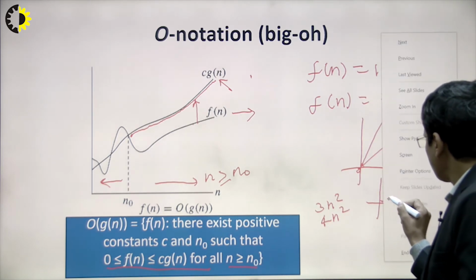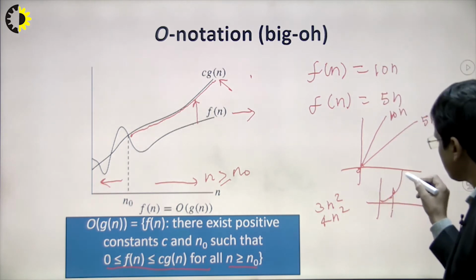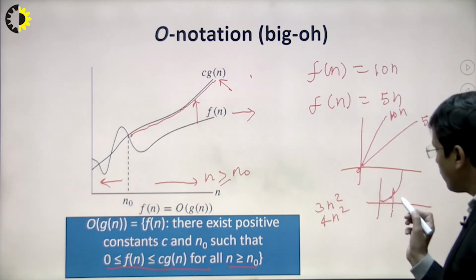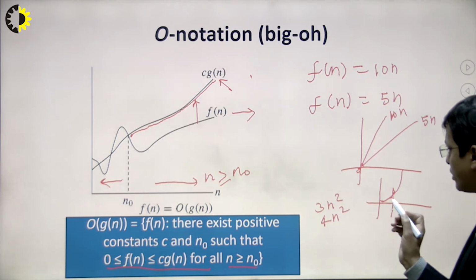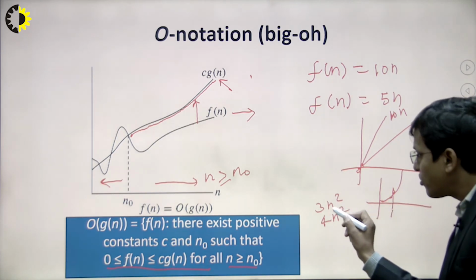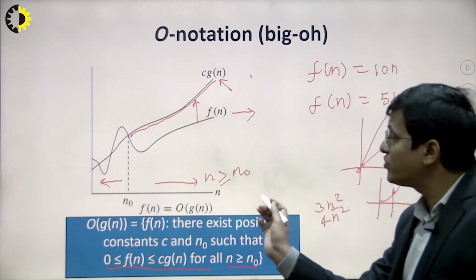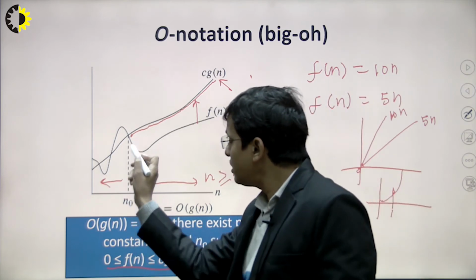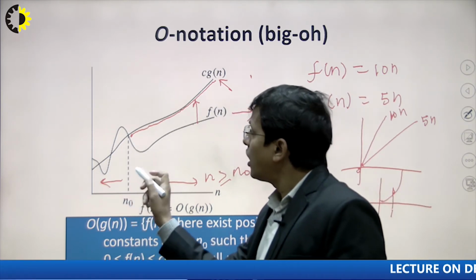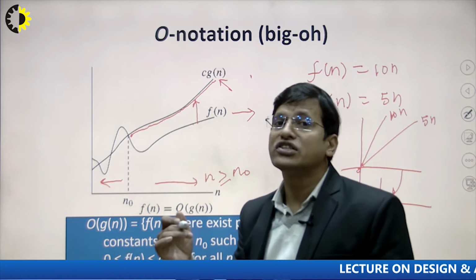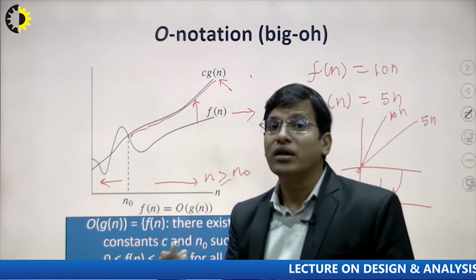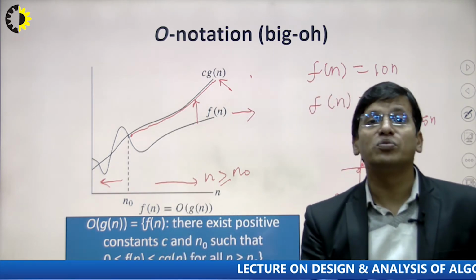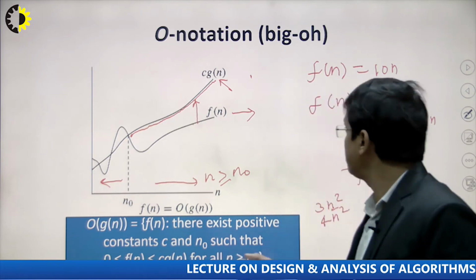The functions look similar there, but actually we are trying to find the behavior for large input sizes. We are not focusing on the previous values, right? Here n0 is a critical point. After that the functions do not intersect, and then we have to compare them. That's why we focus on large input sizes, right?